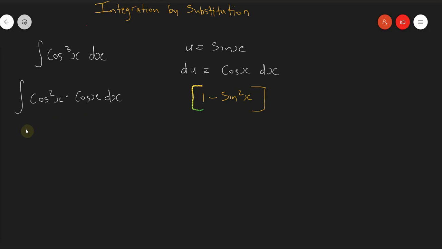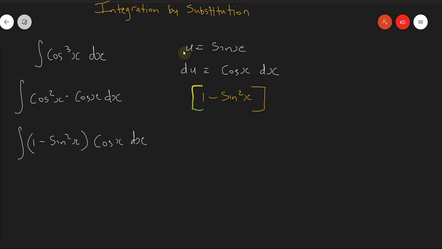So therefore, if we rewrite cos squared x as 1 minus sine squared x multiplied by that. Now let's come back here where we have u equals sine x. We can see that sine squared x would be equal to u squared.